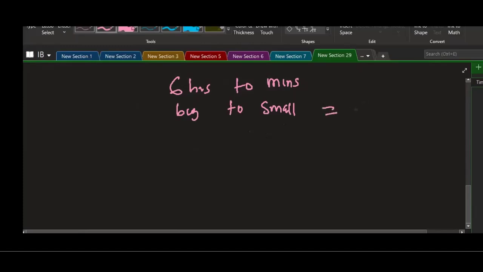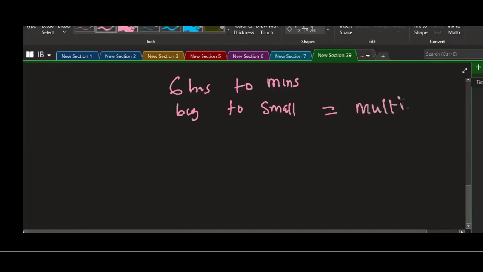So what's the rule when you're converting from a bigger unit to a smaller unit? Do you multiply or you divide? You divide. You divide when you're converting from big to small, right? You divide or you multiply. What's your final answer? Divide. No, you multiply.